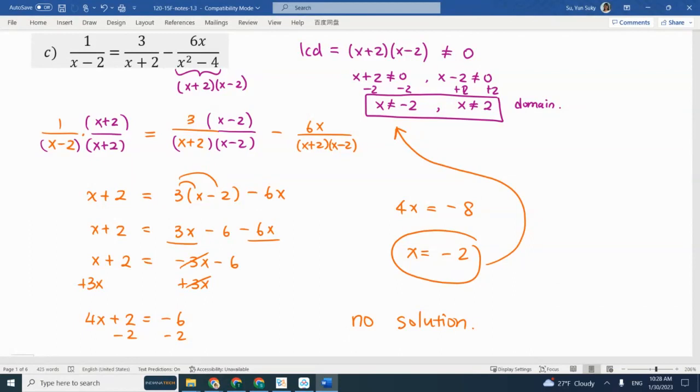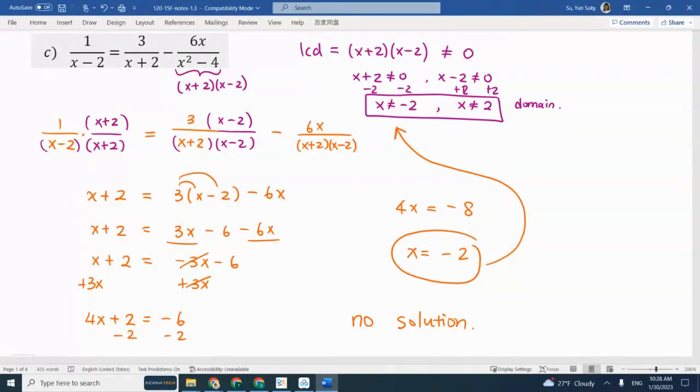Okay? Yes. The denominator cannot be 0. That's why we rule out those cases. And you get a final answer. If it's in here, then those numbers are not from the domain. So therefore, no solution for this equation. Okay, everybody? Yes.